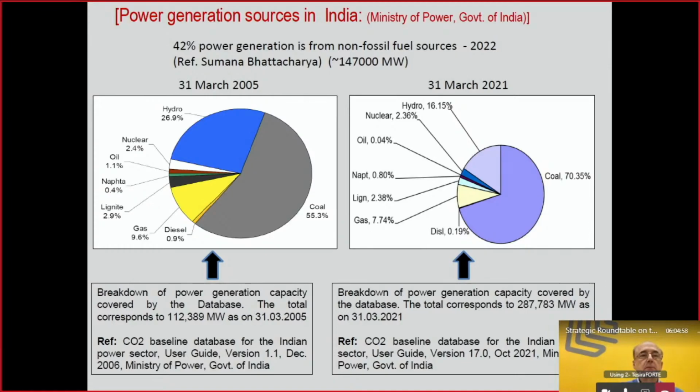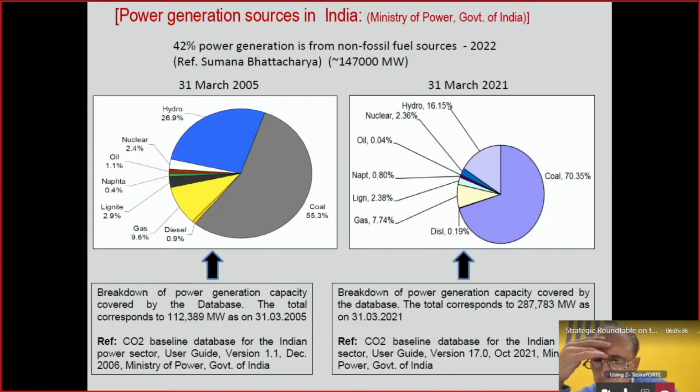You can see that 55% of power was generated using coal in 2005, and this number became 70% in 2021. The reduction happened in hydro. It was 26% in 2005 and now 16% in 2021, and the rest are almost the same. So it means we are losing somewhere, but putting everything on coal because it's much cheaper power to use coal.